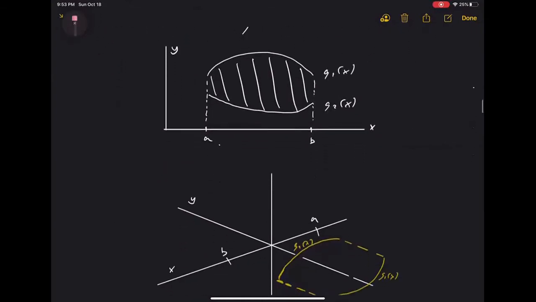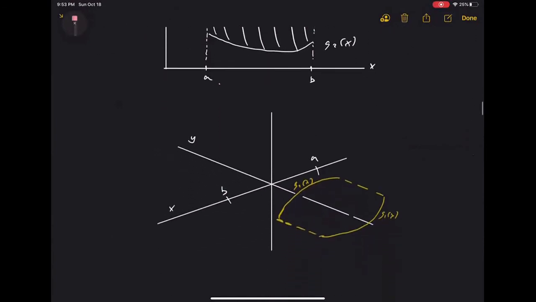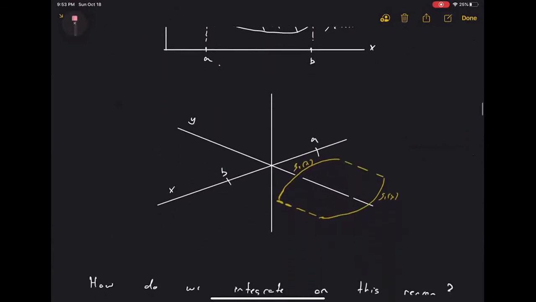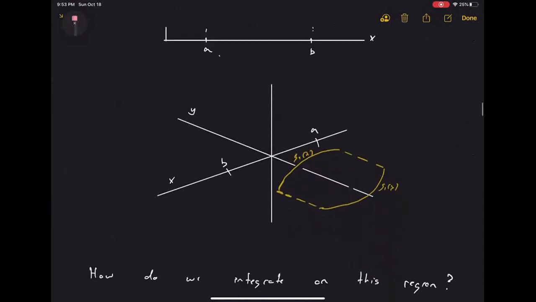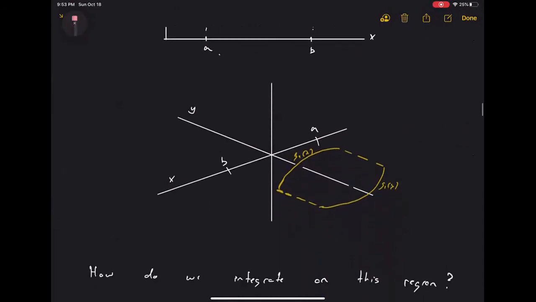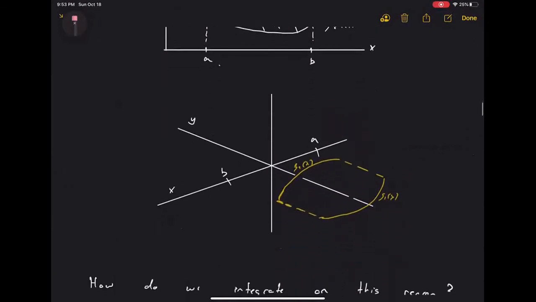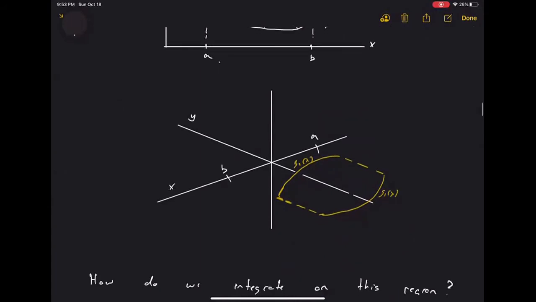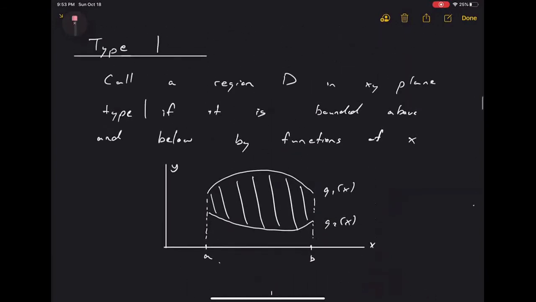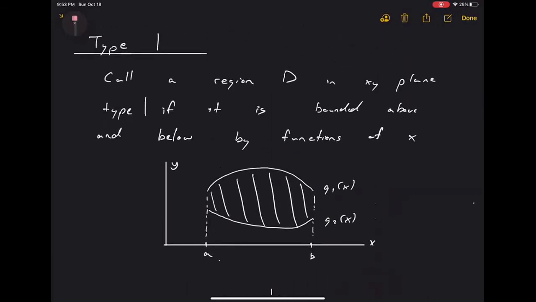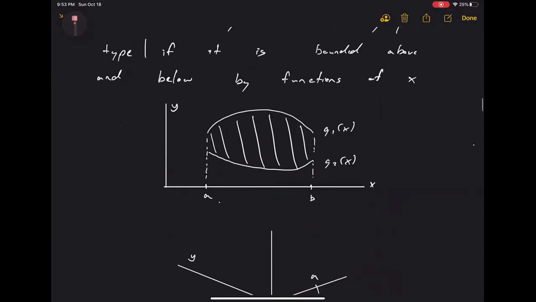What does that look like when we add in our z-axis? We might draw it like this. We have the same exact domain, I've just drawn it in three dimensions instead. Here we have our lower bound g1 of x and our upper bound g2 of x. The upper and lower bounds are written as functions, and the right and left bounds are just constants.